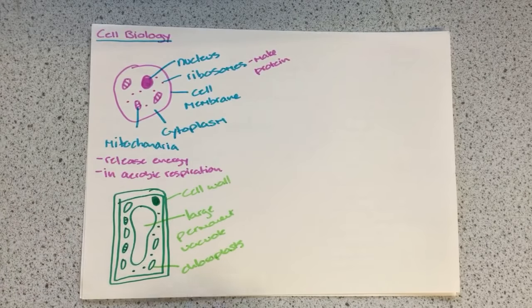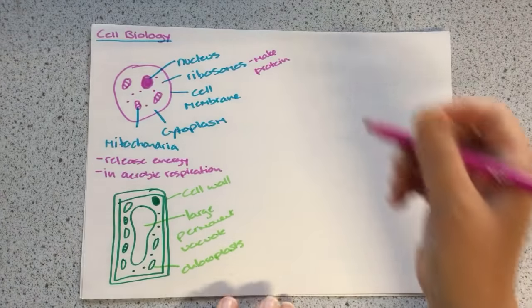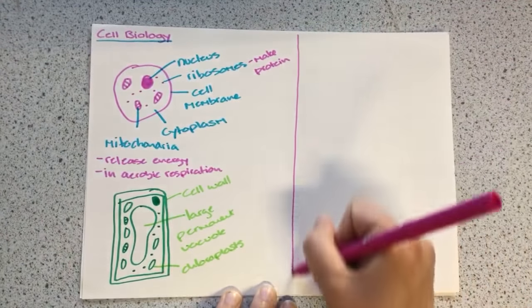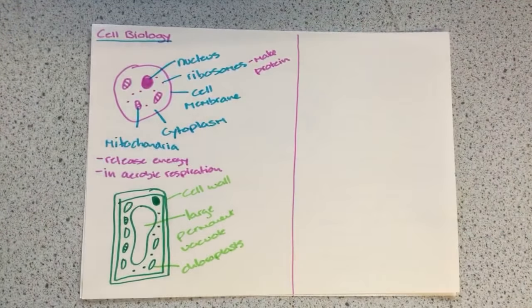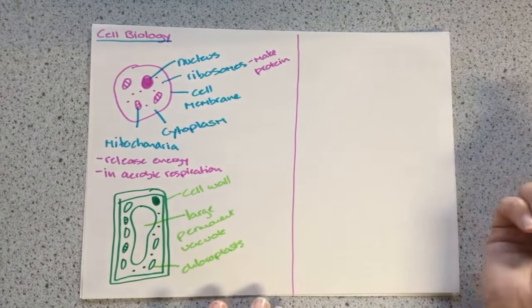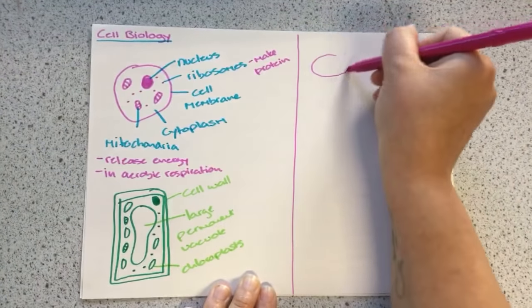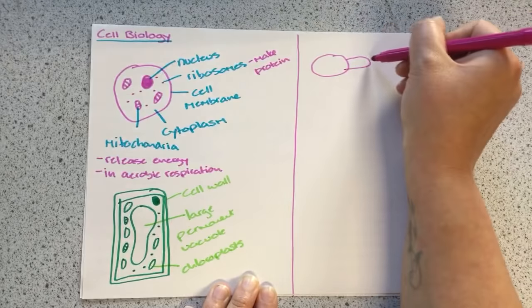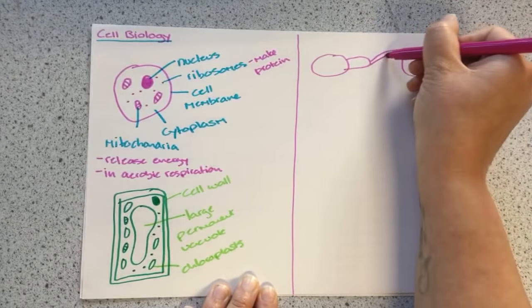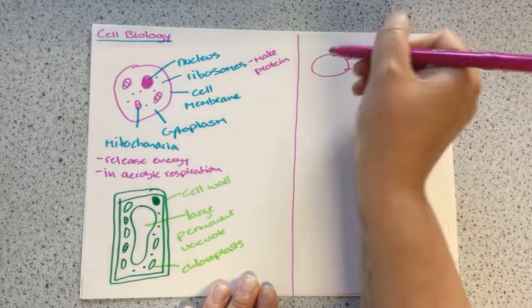After knowing the parts of a plant and animal cell, you also need to know how cells are specialised for a particular function, so how they become specialised. So if we just section that little bit off, you should be able to tell me that there are different types of specialised cell. We'll draw a few for you here. Hopefully you'll recognise this one straight away, even though I've got really, really horrific drawing.